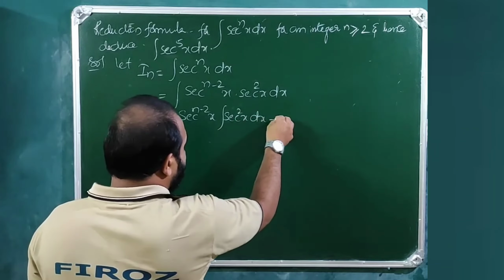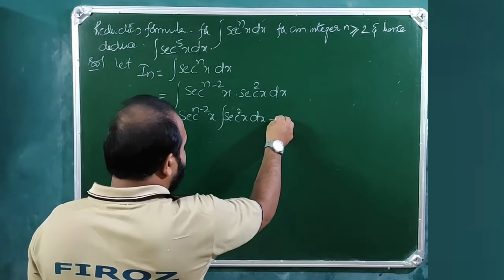This power will come forward into secant power n minus 3x, into d by dx of secant x, which we have discussed in the chapter of differentiation last year, into integral secant square x dx, which is tan x, bracket closed dx.